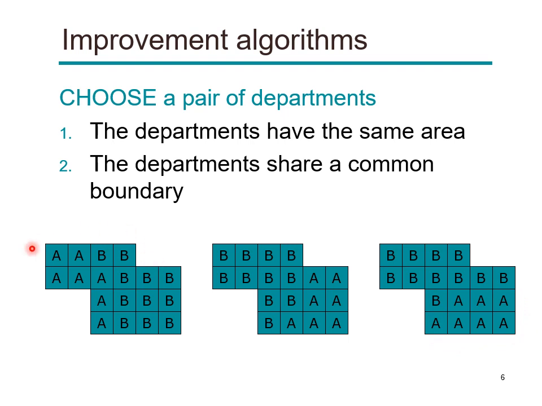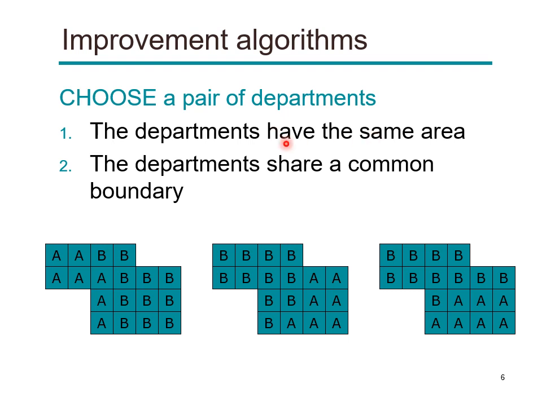You see, starting from this one, if we exchange their positions, we may end up either with this one or this one. And the final layouts are not exactly the same, changing the shapes of the departments, because their area requirements are different. So the shapes of the departments are changed a little bit in this case.